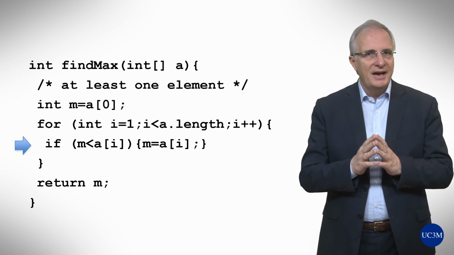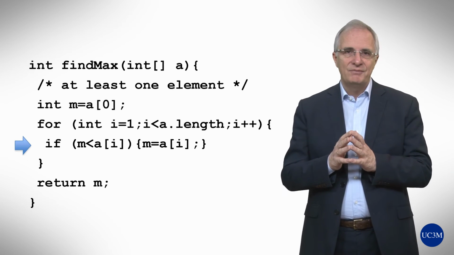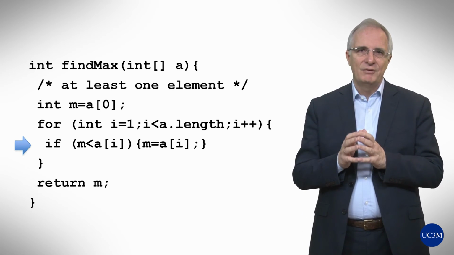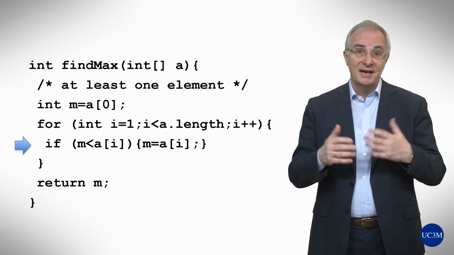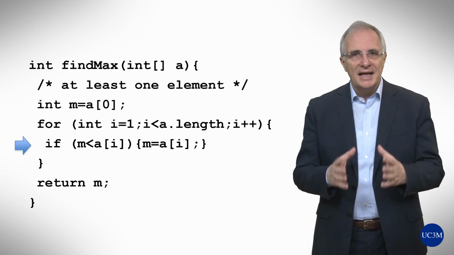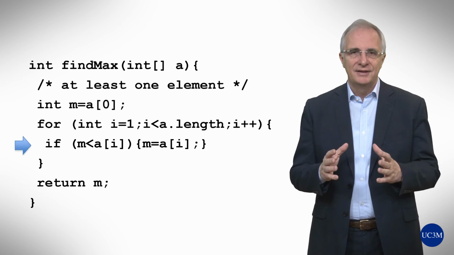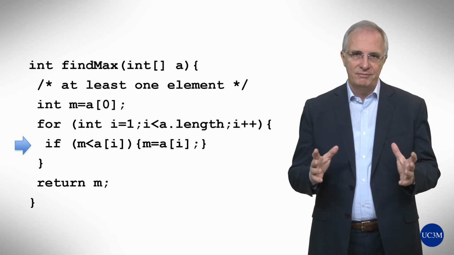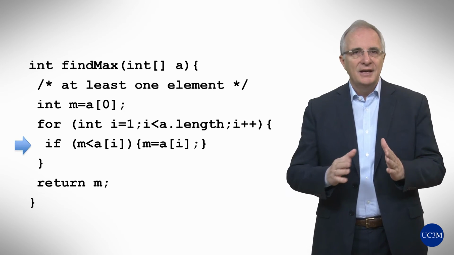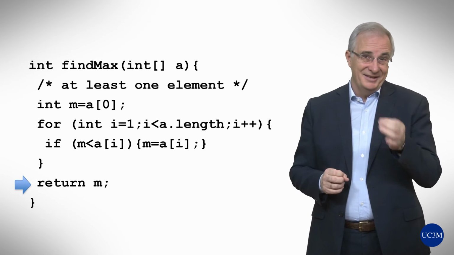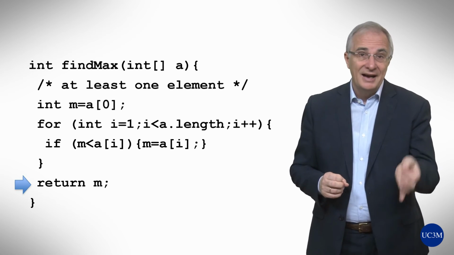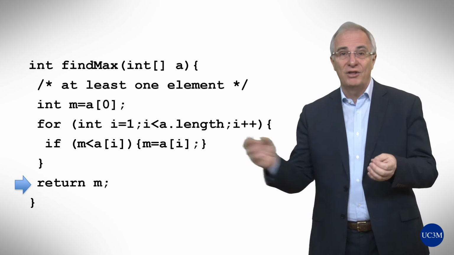So if a of i is larger than m, this a of i shall be the new maximum value seen so far and we assign it to m. Otherwise, we don't do anything; there's no change for m. And once we have traversed the whole array, we return m, as it is the maximum value seen so far after having inspected all the values in the array.